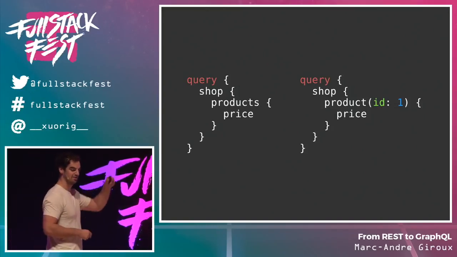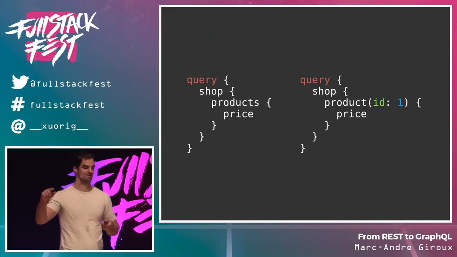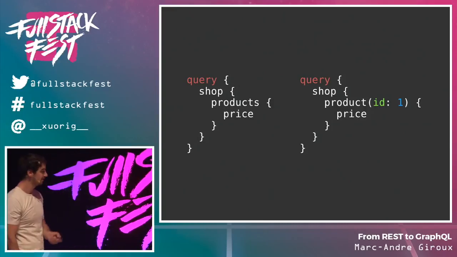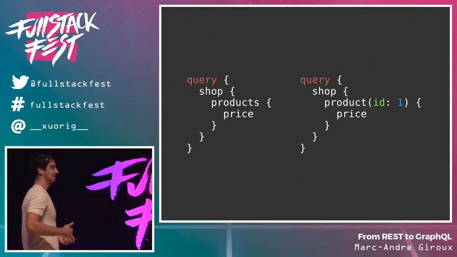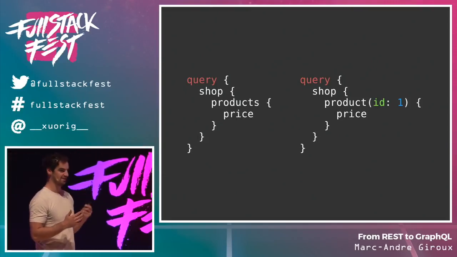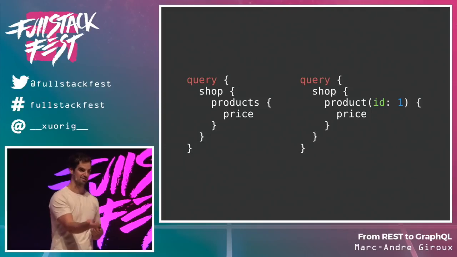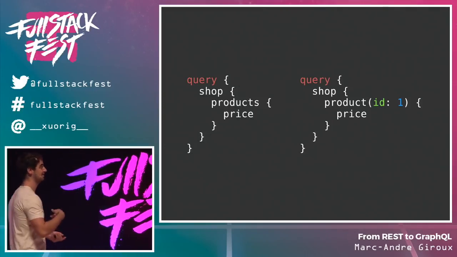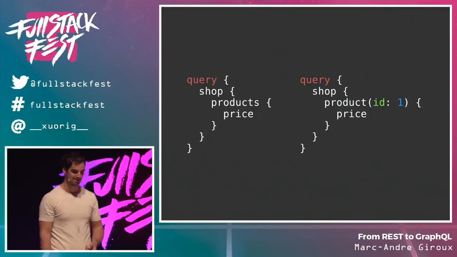Because one is nested under products, and the other would be nested under a serialized product ID1 key, maybe. So if I fetch this first, and another view fetches the product with the second query, we're possibly going to get two results. One's going to be outdated, and one's going to be right.